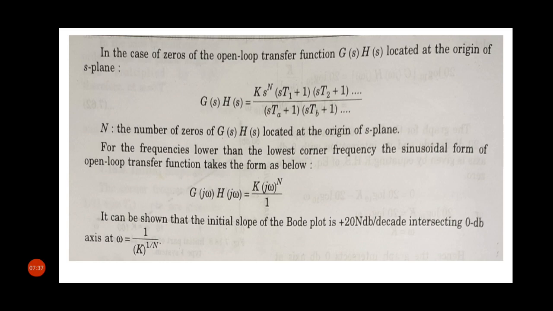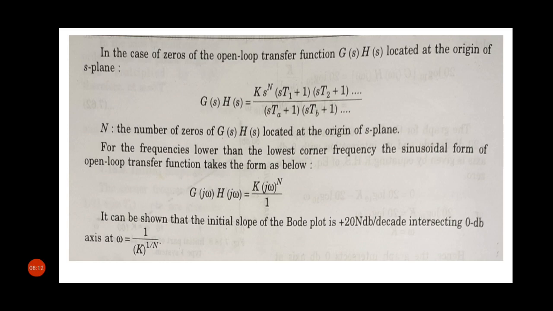So for the frequencies lower than the lowest corner frequency, the sinusoidal form of open loop transfer function takes the form g(j omega) h(j omega) equal to k (j omega) to the power n. Okay, so it can be shown that the initial slope of Bode plot is plus 20 into n dB per decade intersecting the 0 dB axis at omega equal to 1 divided by k to the power 1 by n.